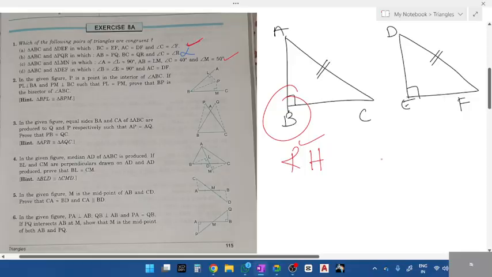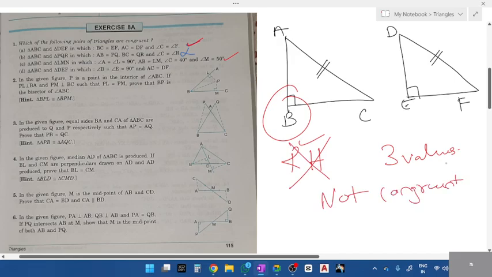In order to be congruent, how many values do they have to give, students? They have to give three values. So here we have only two values. Therefore, is this congruent or not? It is not congruent. We cannot tell. Minimum three values should be given.